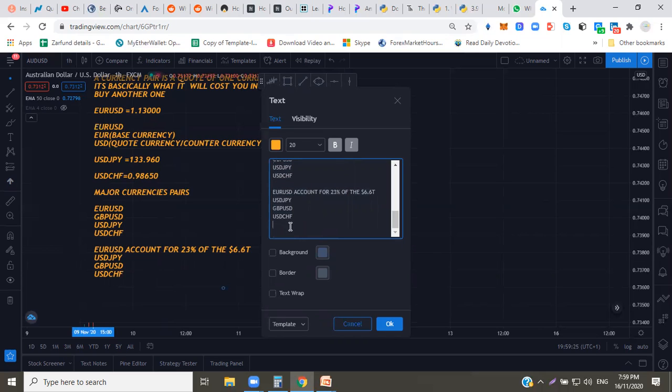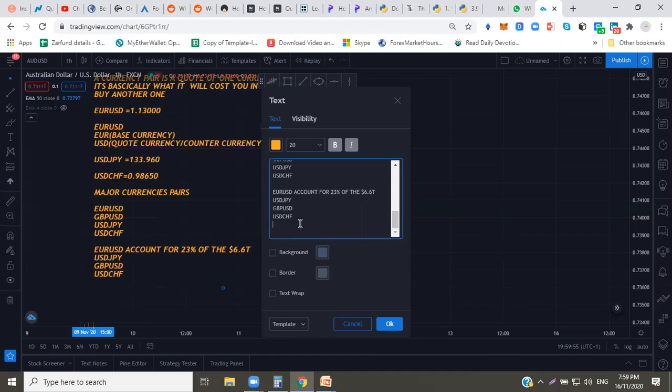The Euro USD is the number one most traded currency pair in the world, followed by the USD JPY, the GBP USD, and the USD CHF. These are the four most traded pairs in the world on a daily basis.